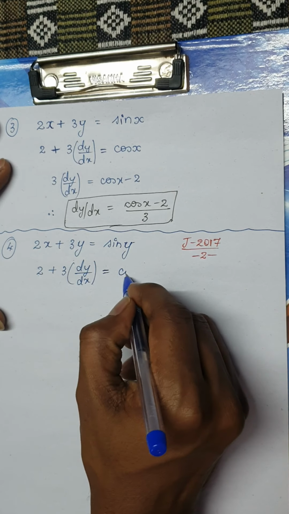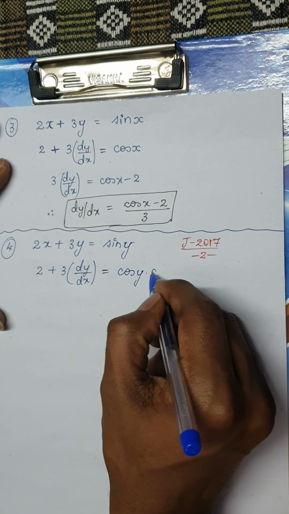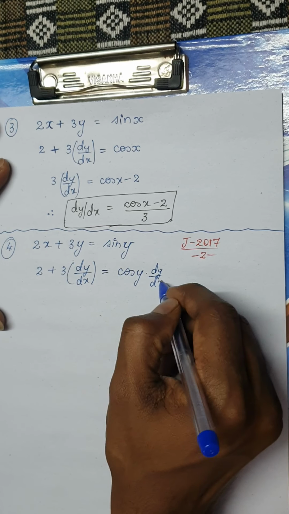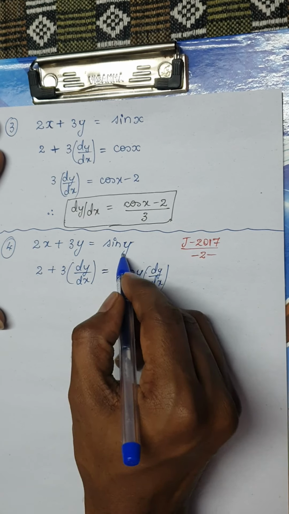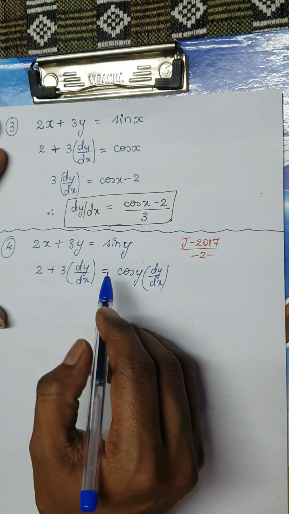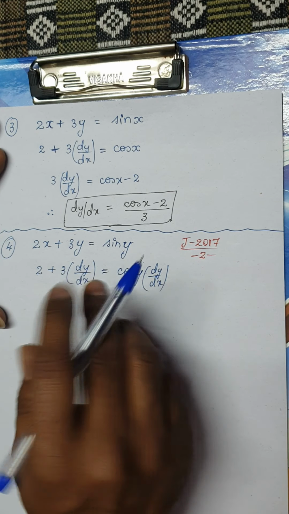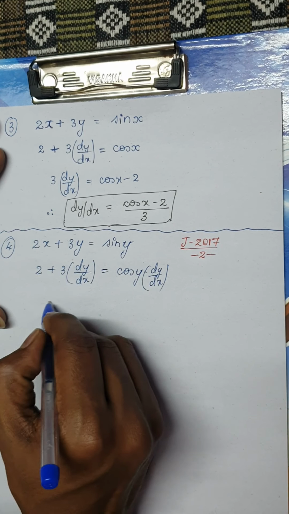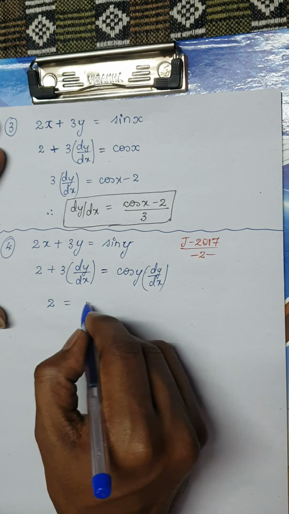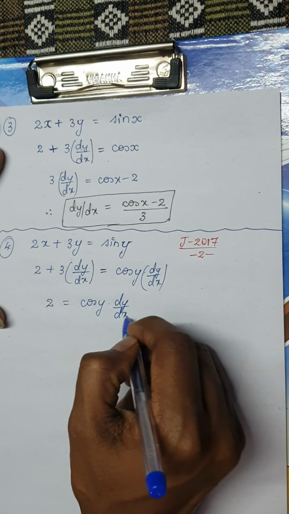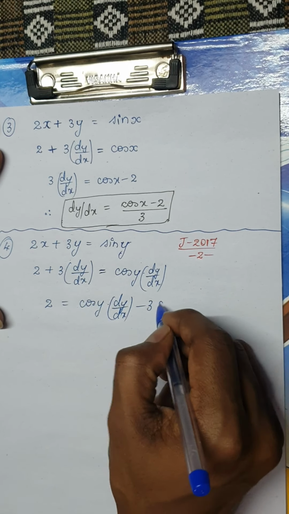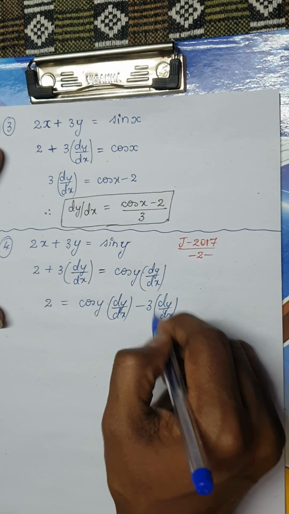Remember, derivative of sin y is cos y, plus, remember you have to multiply dy by dx with it because y is again a function of x. Okay, now take both the terms of dy by dx on one side, so actually you will get cos y into dy by dx minus 3 into dy by dx.